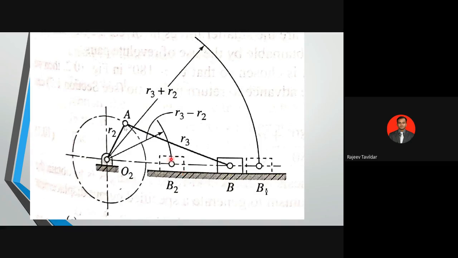So I can use this equation R3 plus R2, and I can just draw one random position of the slider. That distance will be R3 plus R2, out of which I already know R2. I can automatically calculate R3. So if I know R3, I can find out the other position of the slider.